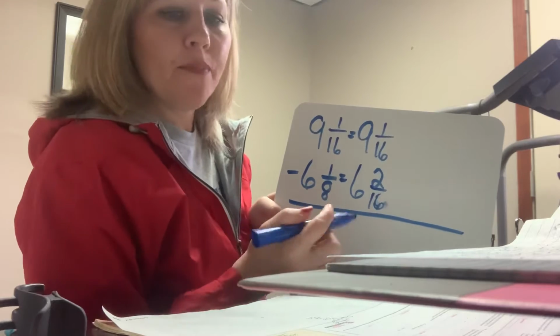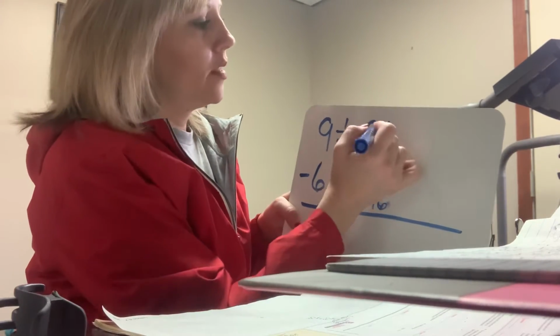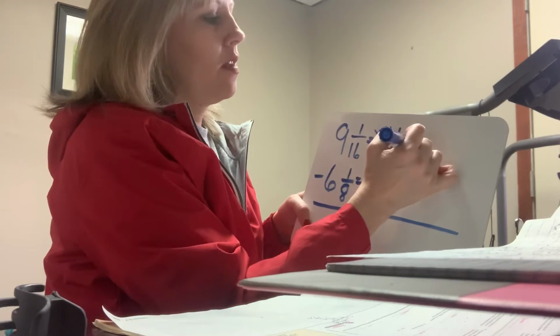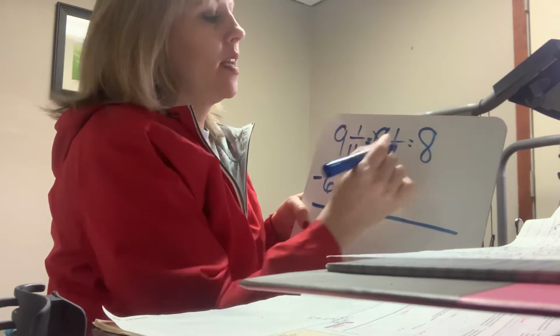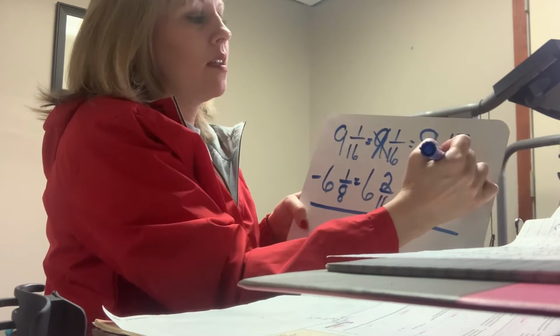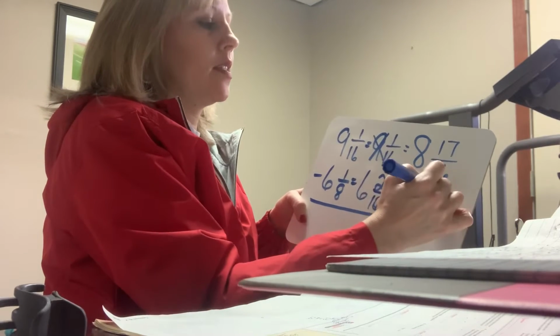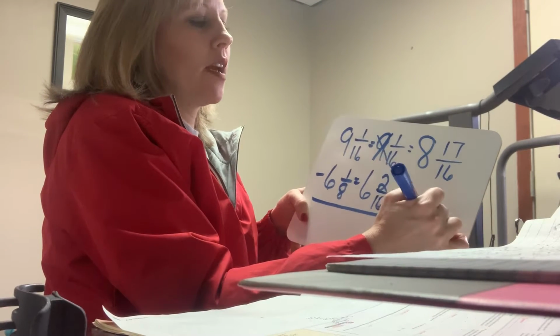When you get to this step, you see that you cannot take 2 from 1. That's too large, so you have to regroup. 9 becomes 8. 16 plus 1 is 17/16. Pull this one over, it stays the same and does not change.